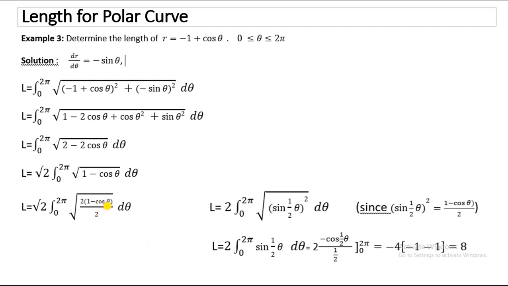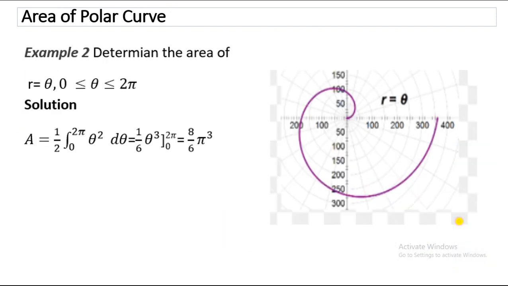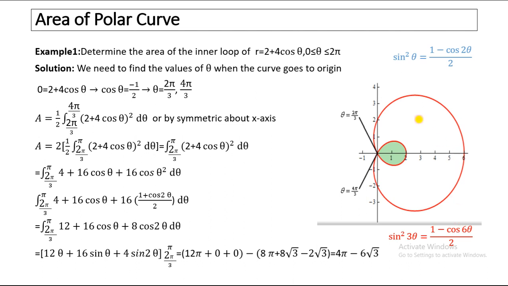1 minus cosine theta over 2 equals sine half theta square, because sine square of x equals 1 minus cosine 2x over 2.